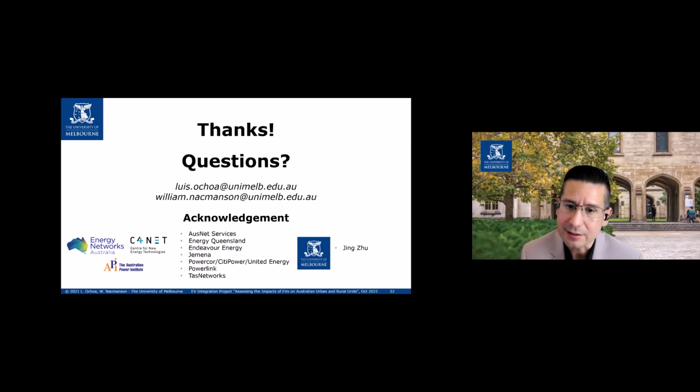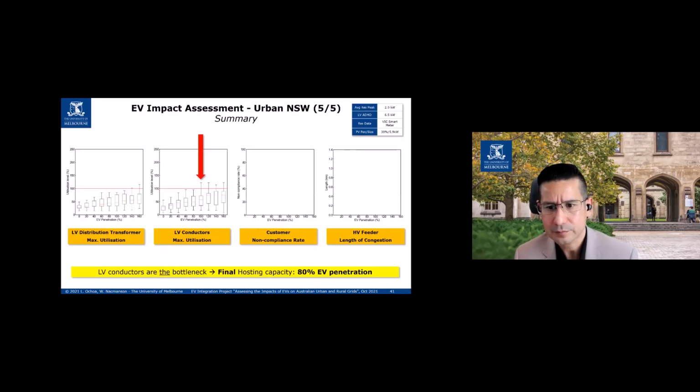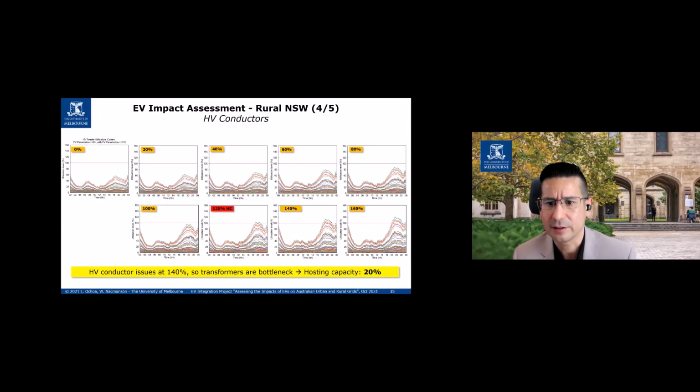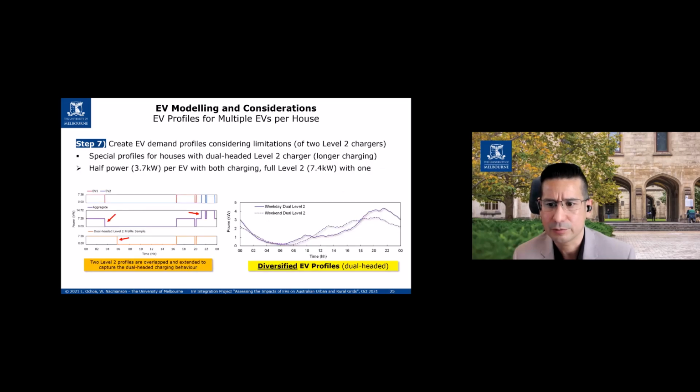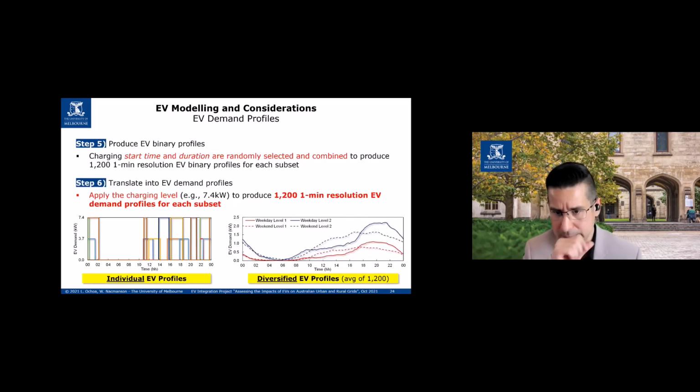But the reality, as you can see in the average profiles of the electric vehicle models we presented here, is that the largest coincidence of electric vehicle charging happens at around 7 p.m., 8 p.m. So no matter how much photovoltaics you have, the synergy will not help there because you don't have light, period.